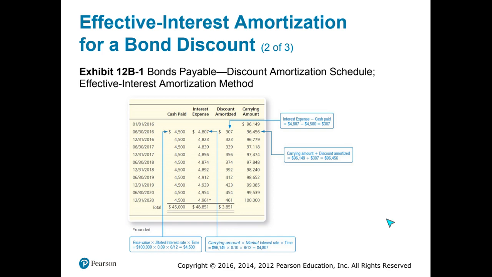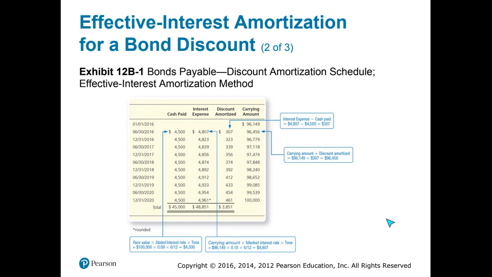So the cash paid, we took the face value times the stated interest rate times the time, and that gave us our cash paid. So 100,000 times 9% times 6/12 gave us 4,500. Our interest expense, they tell us to calculate that. We took the carrying amount times our market interest rate times the time.